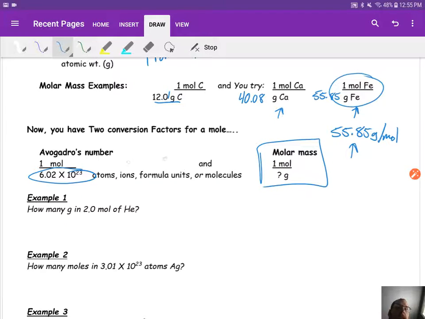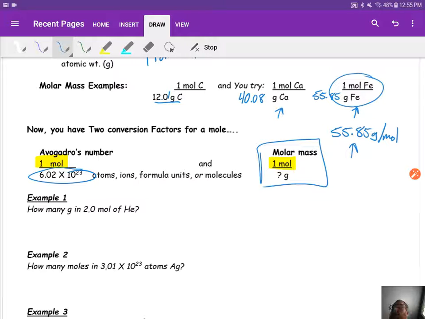Are these 2 able to link between each other? Absolutely, because in both of these conversion factors we have that same piece, which is mole. Since we have mole, we can now go from atoms to grams in a 2-step conversion process, and that's exactly what we're going to start looking at here.